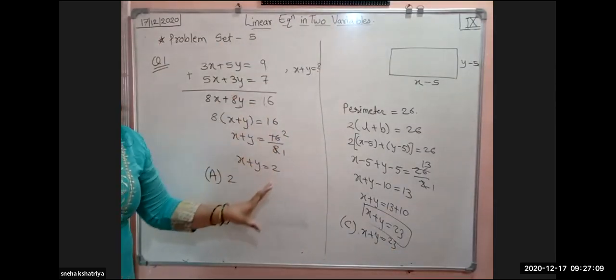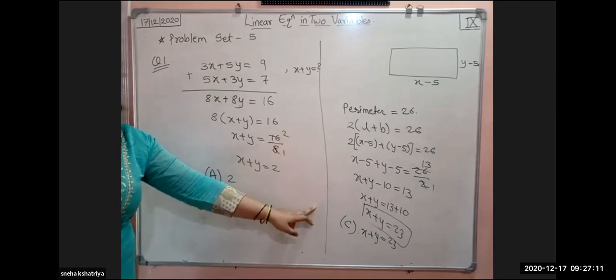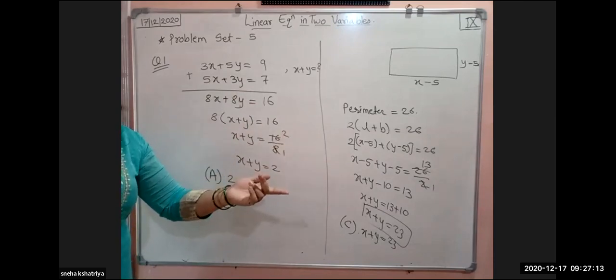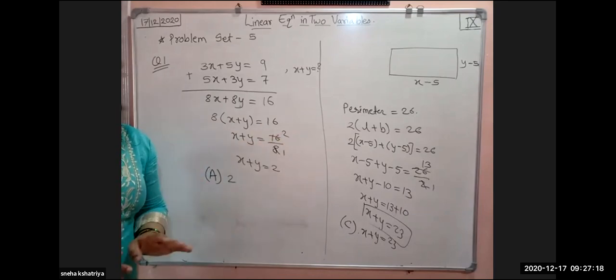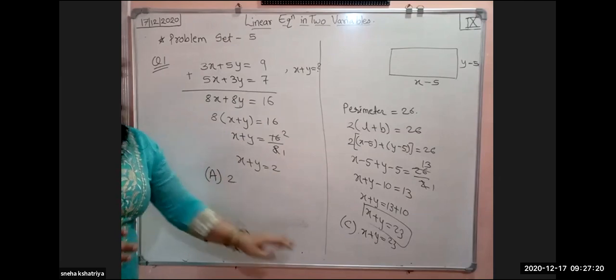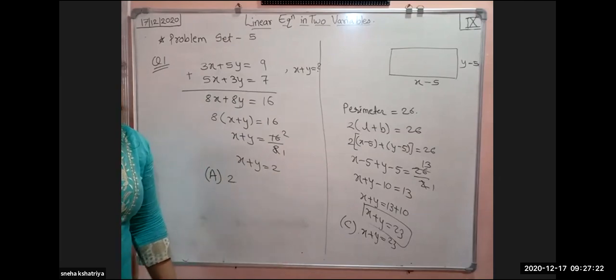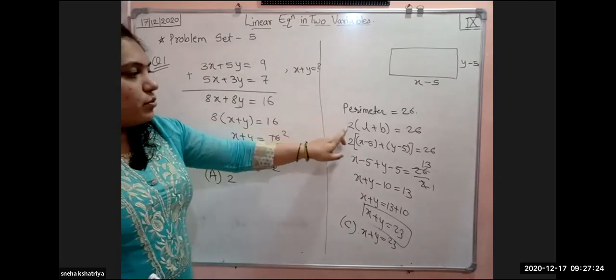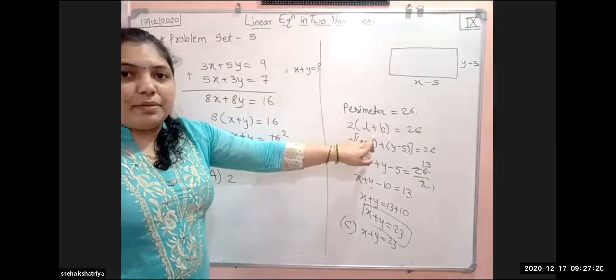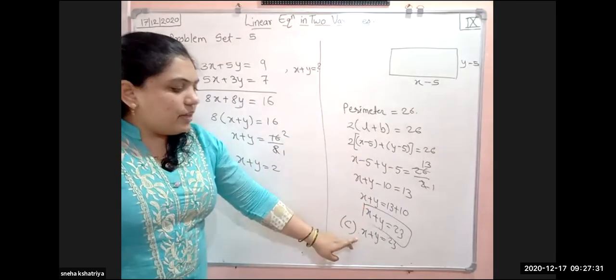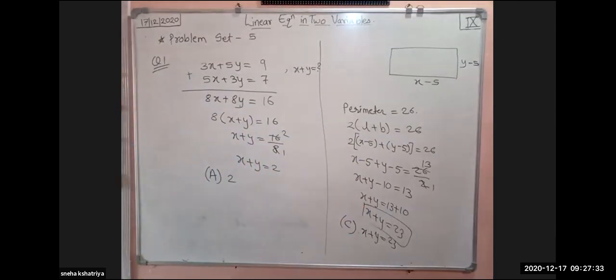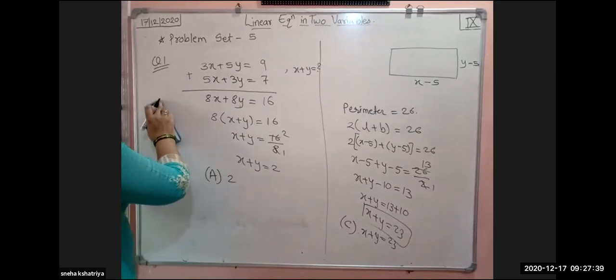You don't have to write down the calculation; you do the calculations on another page, somewhere else, and only write down the answer. So the perimeter is 26, and 2 into (L plus B) is the perimeter formula. We put the values of L and B and solved it. We get the answer as C, x plus y is equal to 23. Okay. Now we will see the third example.